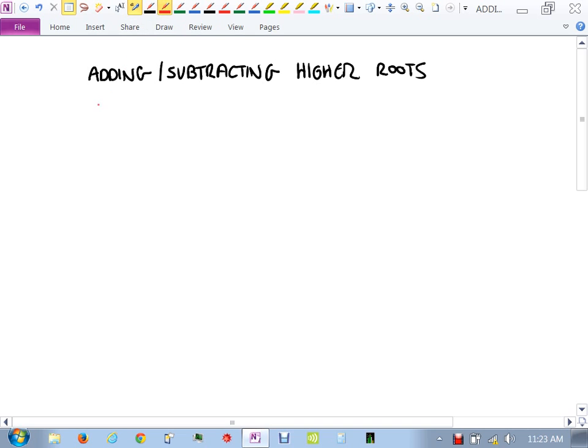So I'm going to put up here recall. Whenever I put recall up here, it means that you should know this from either earlier this semester or from a previous class. This is from earlier this semester. What do we get if we take square root of 3 plus 2 square root of 3 minus 5 square root of 3?